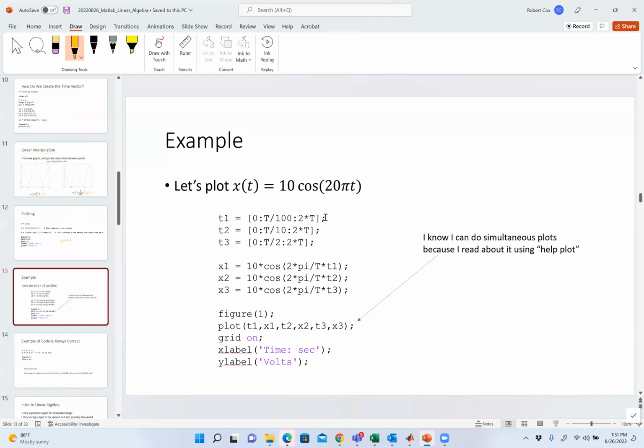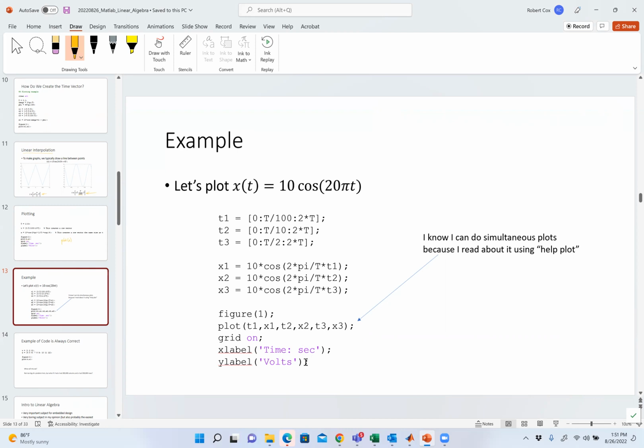One thing to point out, if you run this example later, I'm not going to run this one here, but notice what I did. I defined 3 different time vectors and 3 different x vectors, and then I run these together. What do you think that's going to do? If I do t1, x1, t2, x2, t3, x3, it will put all 3 of them on top of each other.